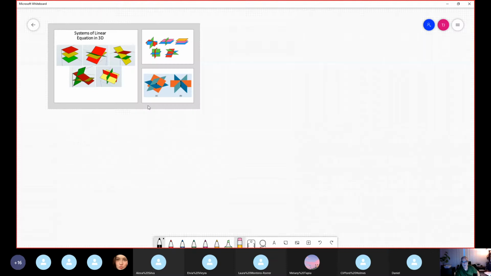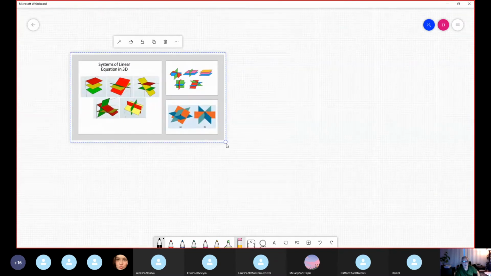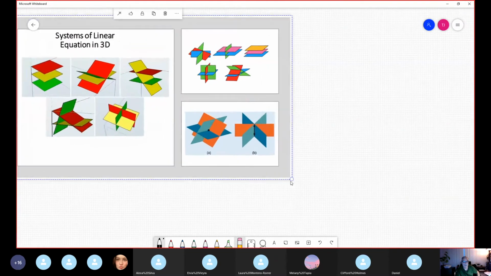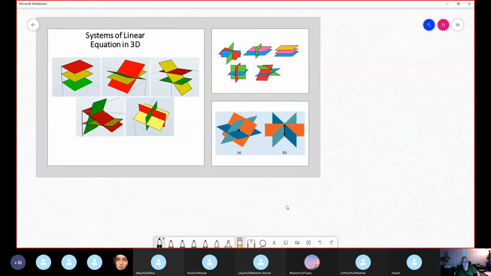Boom. Look at that. The problem is that in 3D, each equation represents no line, it represents a plane, a two-dimensional object. And we have more possibilities: one solution, infinitely many solutions, or no solution.